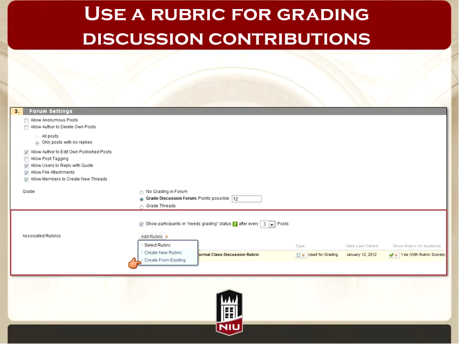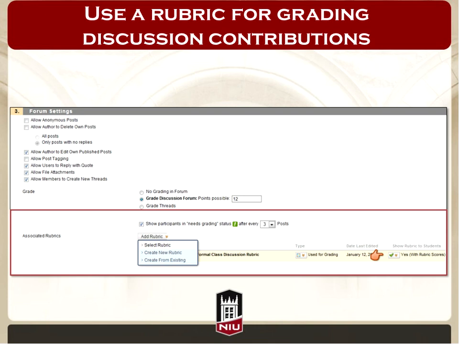So certainly if you have a rubric that you have in Microsoft Word or in a PDF, you can use that as well. It doesn't have to be Blackboard's rubric tool, but I just wanted you to be aware that this is available. What's nice about the rubric tool is that your students will see it. So if you notice in the far right corner where it says Show Rubrics to Students, when they are creating their post, the rubric is going to be viewable to them.